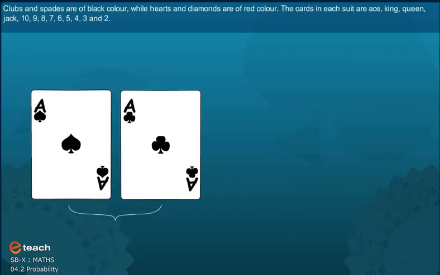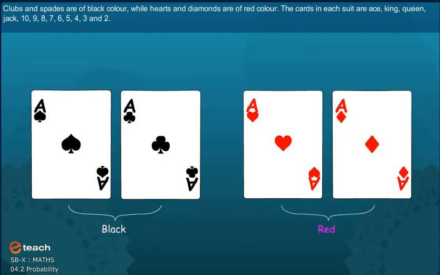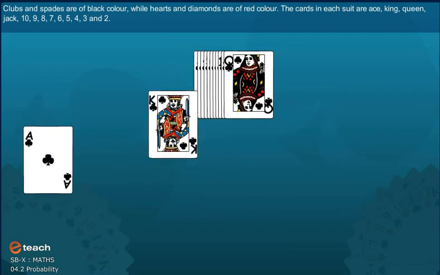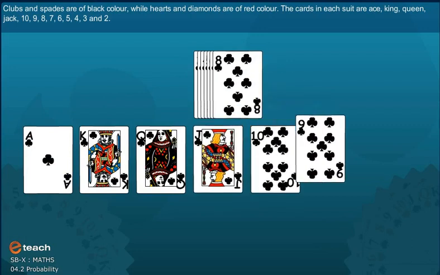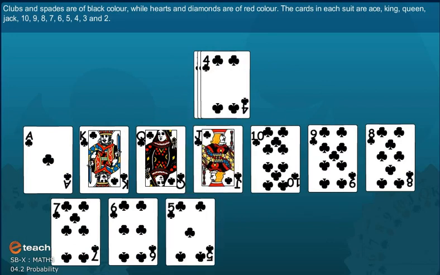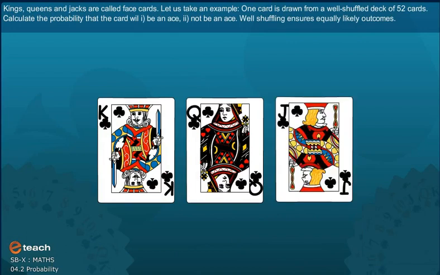Clubs and spades are of black color, while hearts and diamonds are of red color. The cards in each suit are Ace, King, Queen, Jack, 10, 9, 8, 7, 6, 5, 4, 3 and 2. Kings, Queens and Jacks are called face cards.